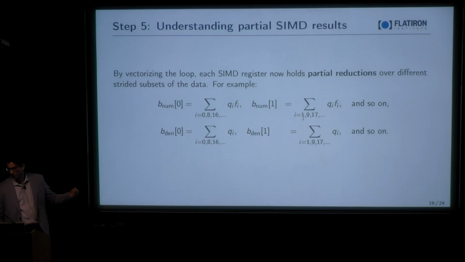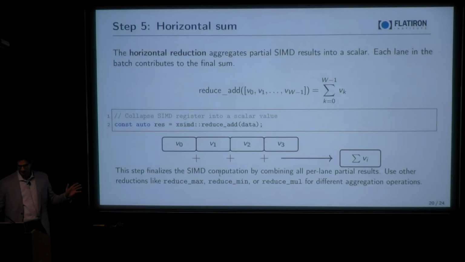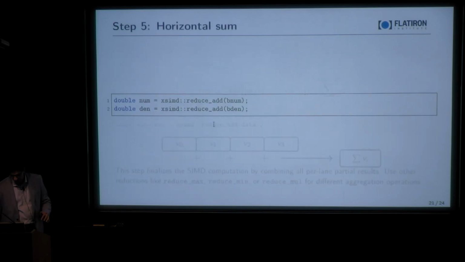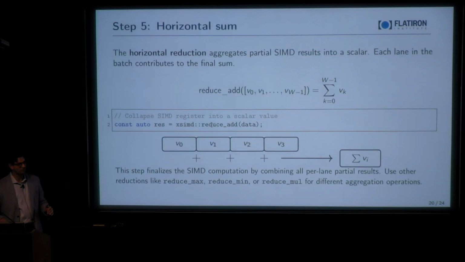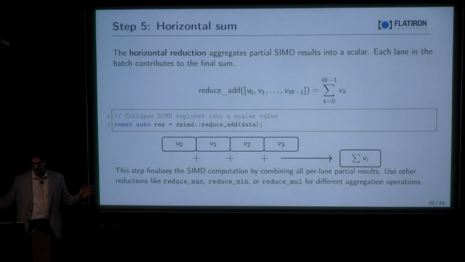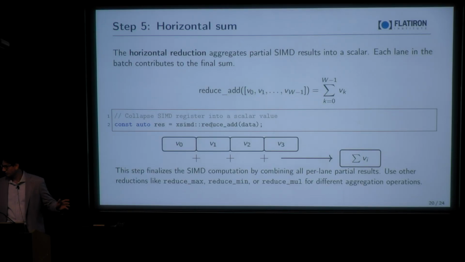Then in 1, we have 1, 9, 17, and so on. XMD makes that really easy. We just call reduce underscore, and the type of reduction we want. Reduce add, reduce sup, reduce mul, there are many ways that this reduction can happen. If you're doing a tensor product, it's more likely that you're going to have a reduce mul, for example.